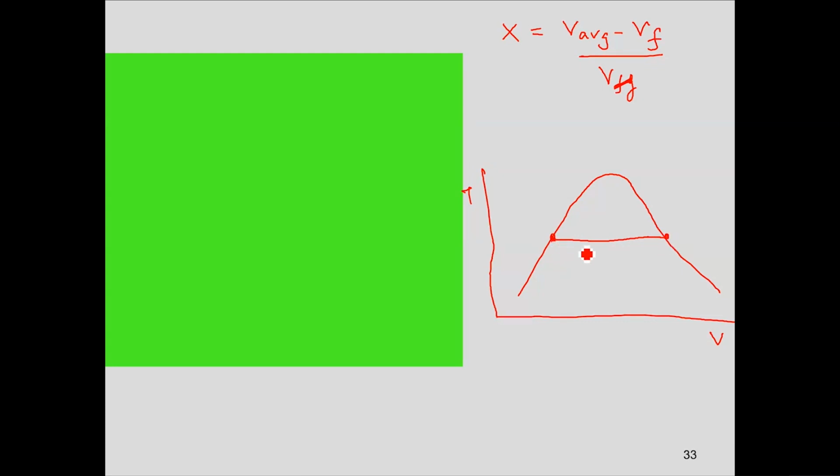This is Vf, this is Vg, and let's say I have my mixture somewhere over here, which has the value of V average.